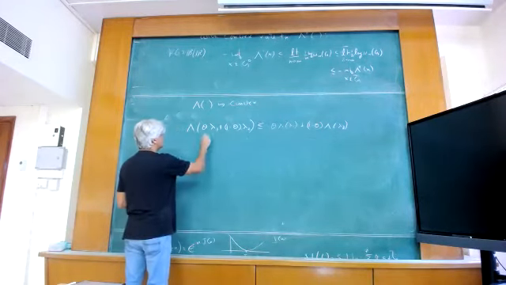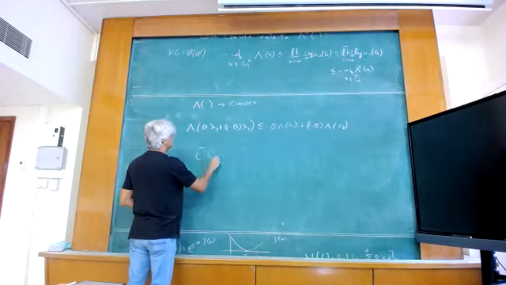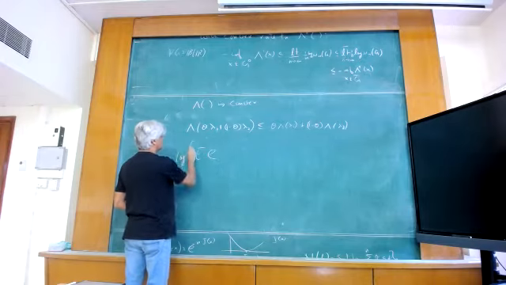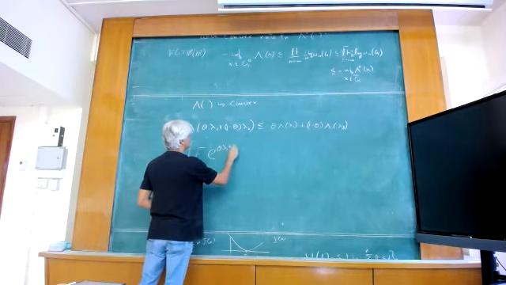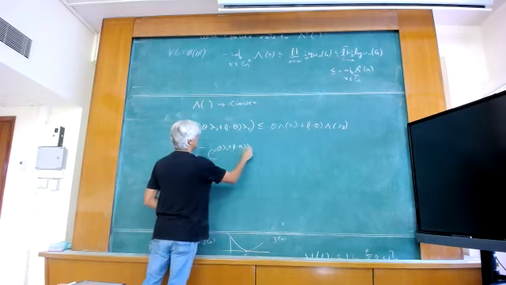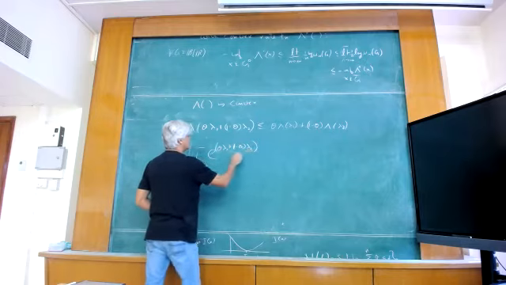Now the left side is the expected value of log of e to the power theta lambda 1 plus 1 minus theta lambda 2 times x.